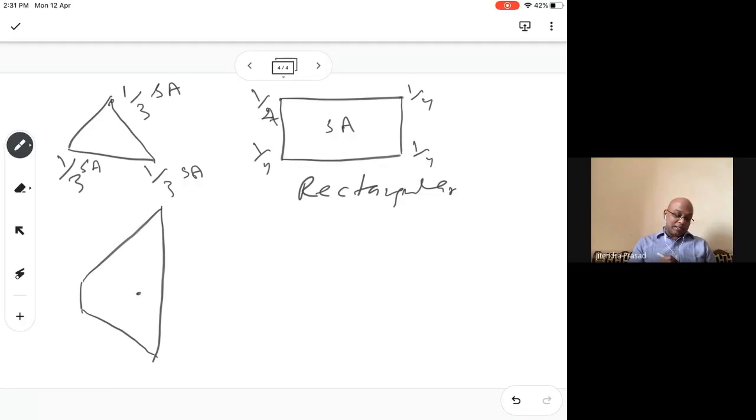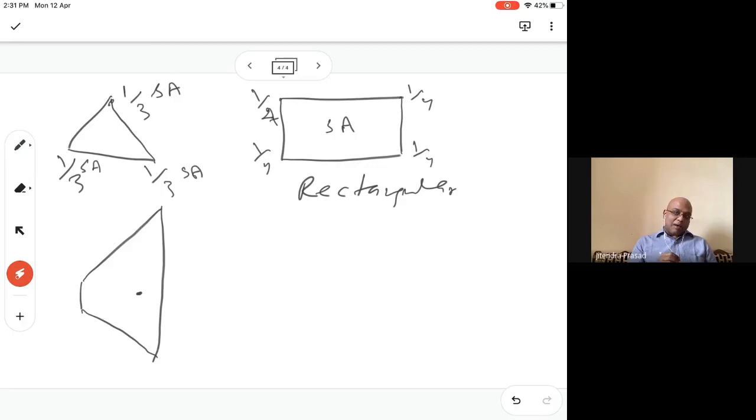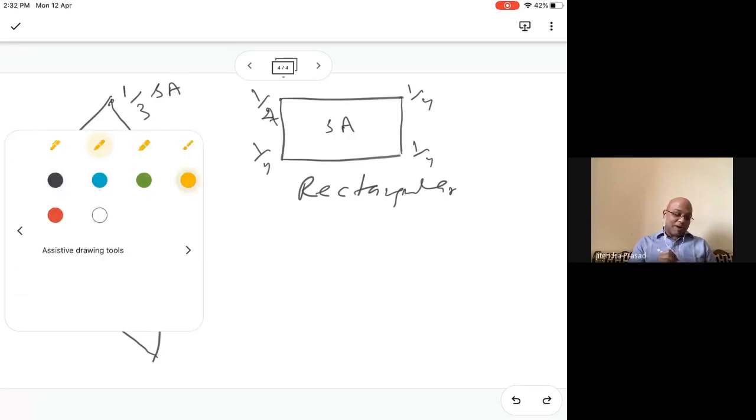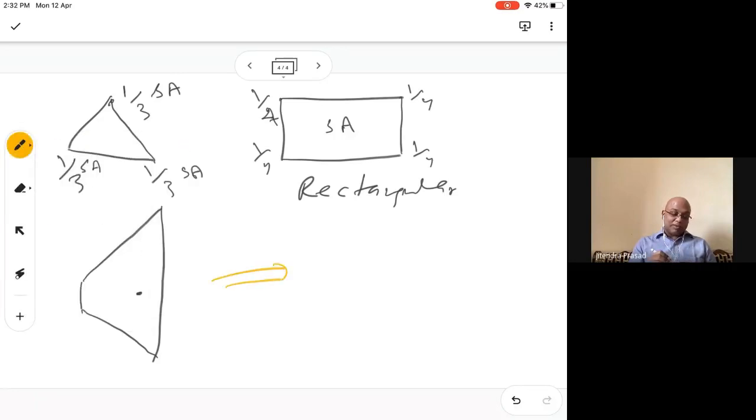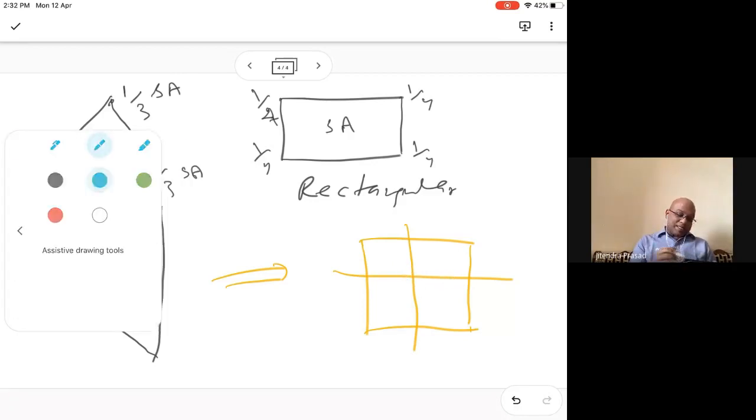If you transform this one to a square element, the centroid C is actually not here, it will be somewhere here.